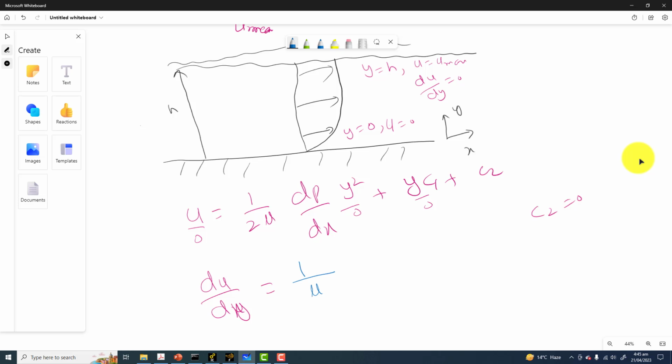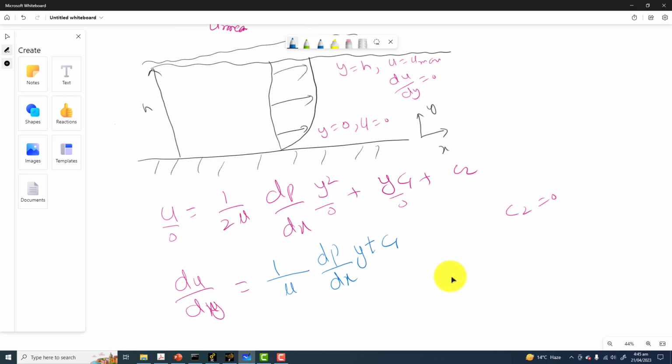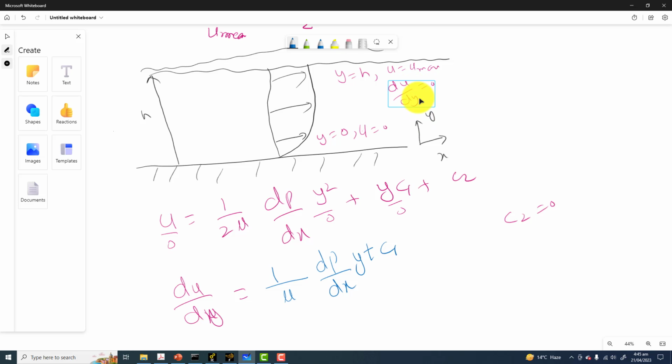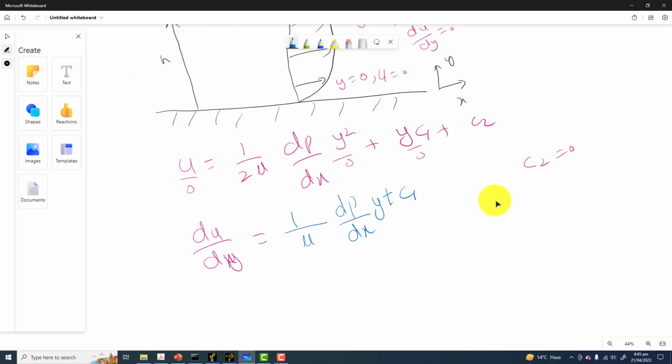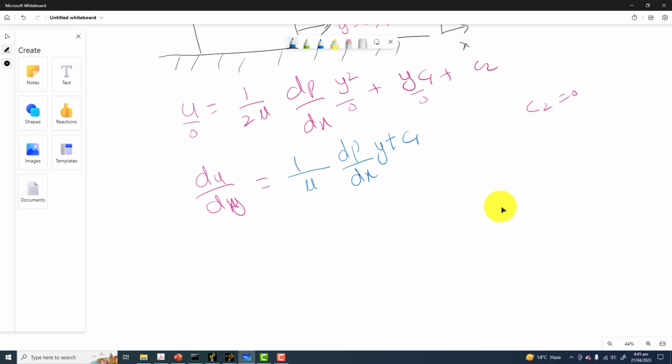So we have 1 upon mu and dp by dx into y plus c1. Now we know that du by dy is equal to 0 at y is equal to h. So 0 is equal to 1 upon mu dp by dx, and here y is h. In the previous case, this was h by 2, and c1. So from here we can find out that c1 is equal to minus 1 upon mu dp by dx and h.